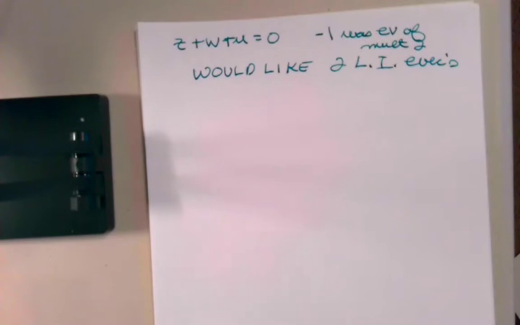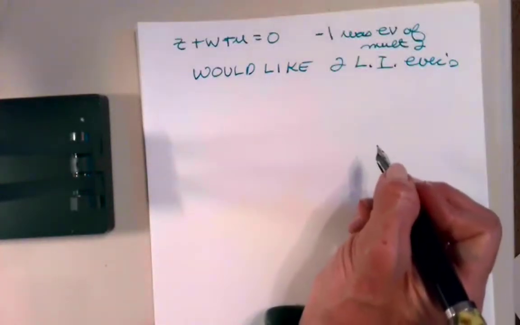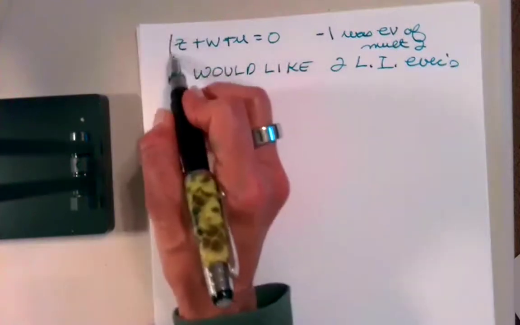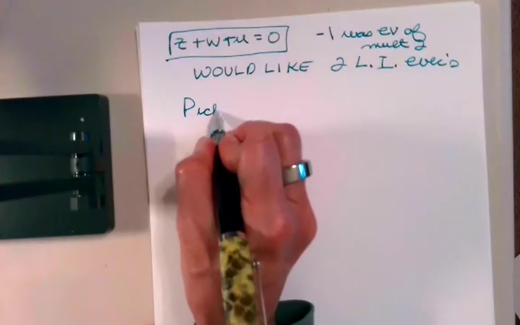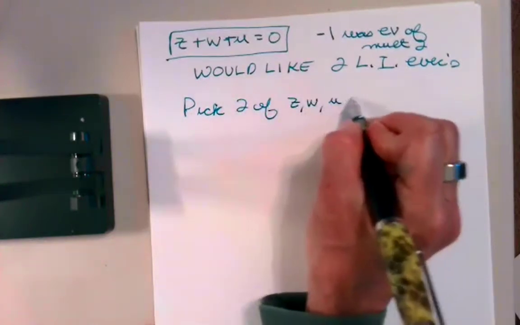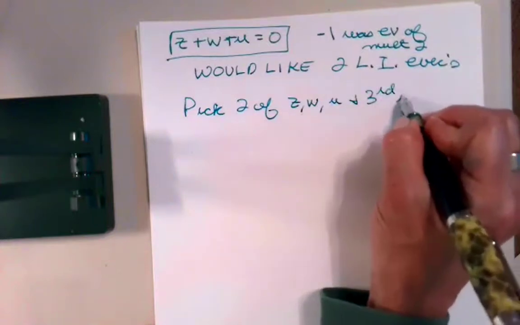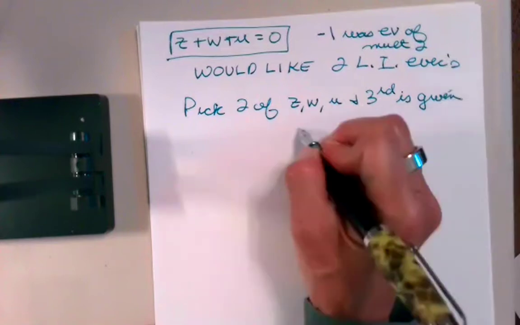That's not quite true, but anyway, in this case, you can. So what that means is since this is our only constraint, we can pick 2 of z, w, and u, and the third is given by the equation.